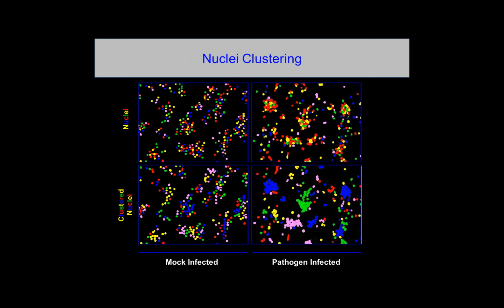This prompted us to insert a nuclei clustering step. And so here we instructed the software to group objects that are either touching or very close to each other in one single object, as indicated here by the fact that the nuclei that were identified as separate objects in the previous step are now one single object.